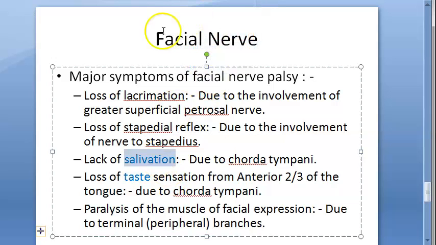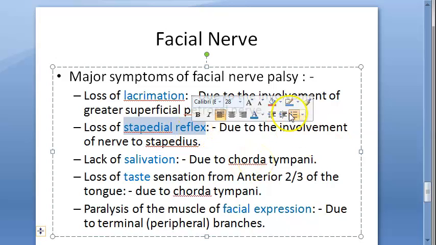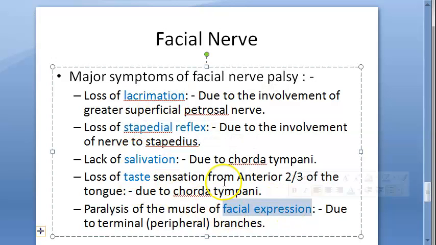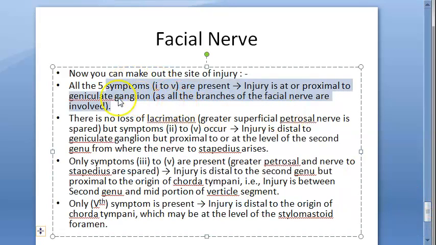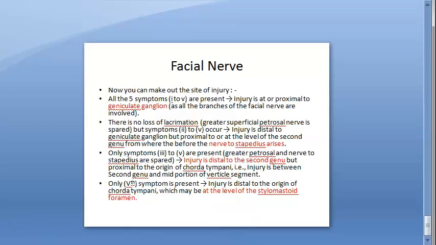Lacrimation, stapedial reflex (the acoustic reflex), salivation, taste and facial expression. Basically, the stapedial reflex protects you from loud noise, etc. So, lacrimation, stapedial reflex, salivation, taste and facial expression. If all the 5 are not proper, then the geniculate ganglion is affected, okay?